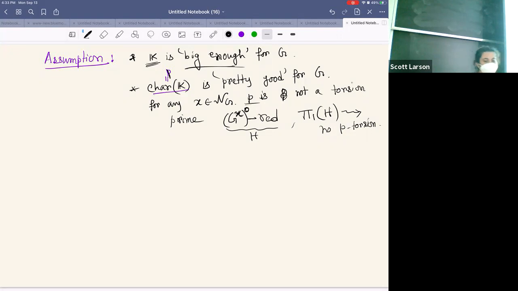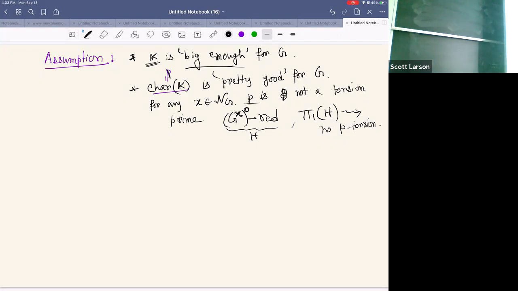This one is also not very restrictive. For most of the classical groups, you just have to remove 2, otherwise it will be fine. Type A, I don't think you need to divide.